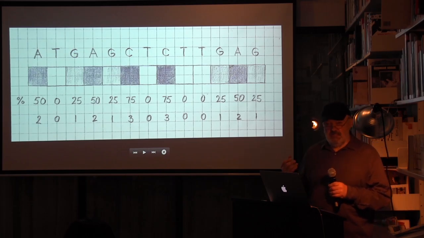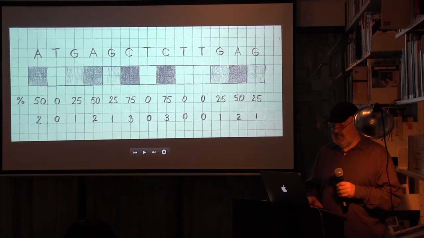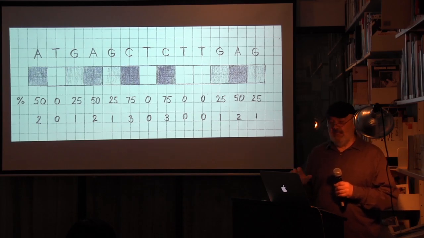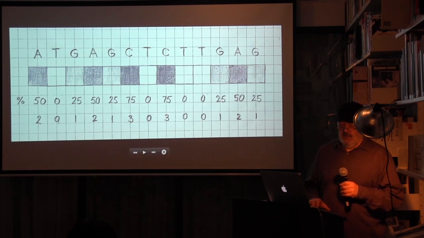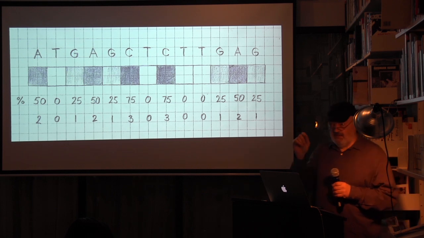Then, instead of letters or the grayscale, you can use percentage values. So this is equivalent, whether we use a 0 or T, it doesn't matter for the structure. But the 0 tells you something that T doesn't tell you. Or we can use the simple numbers 0, 1, 2, and 3 to represent all 4 bases.